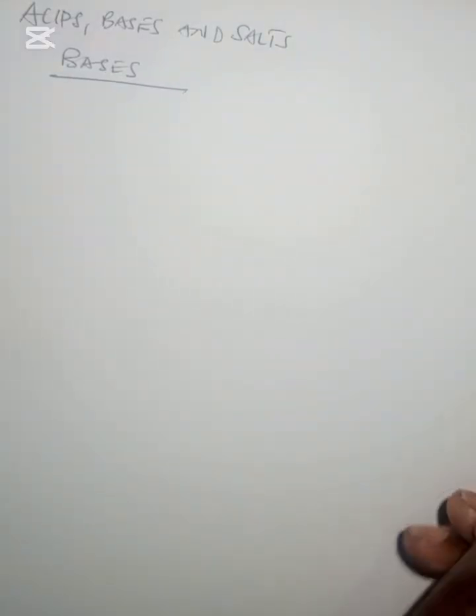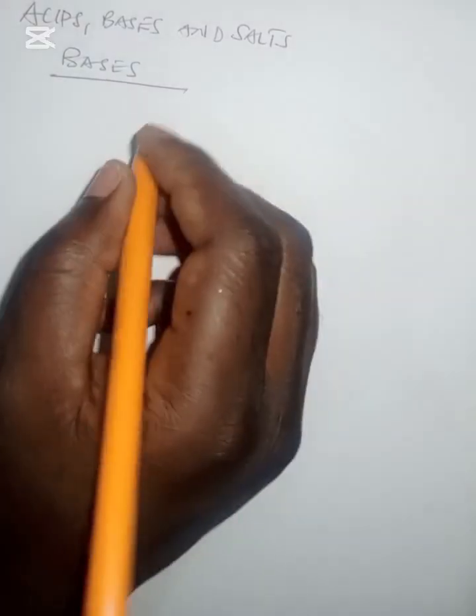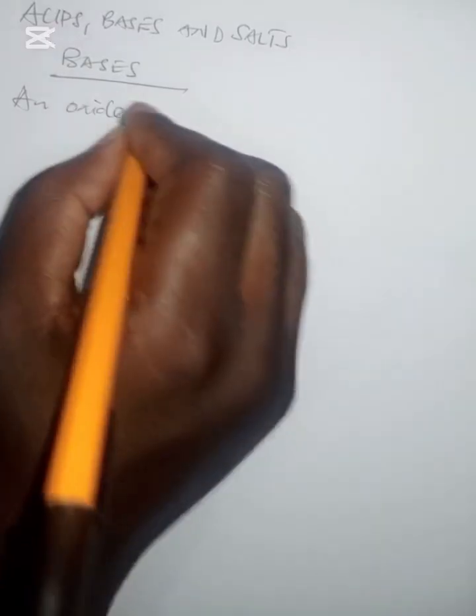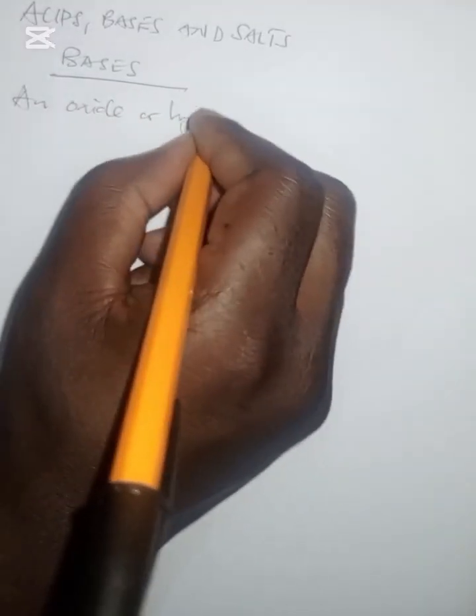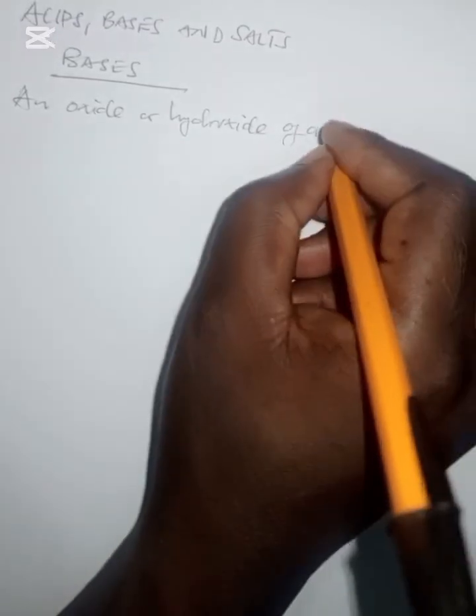A base is simply an oxide or hydroxide of a metal. Okay, that is what a base is.